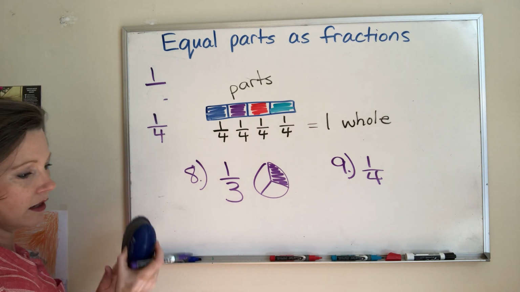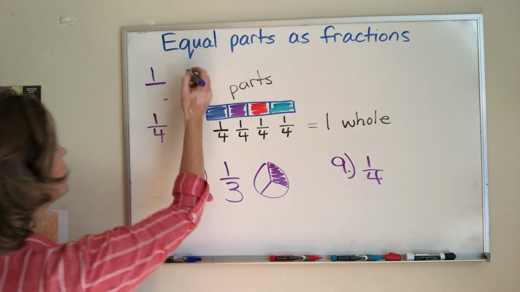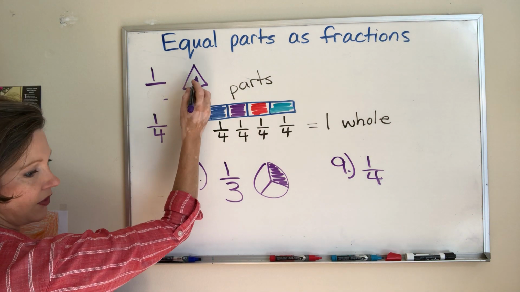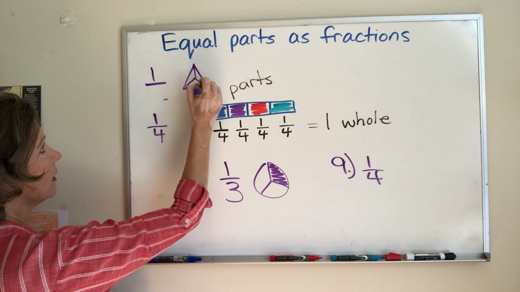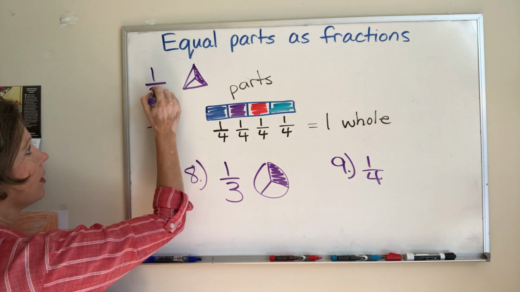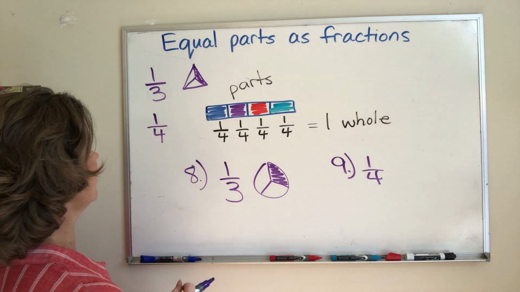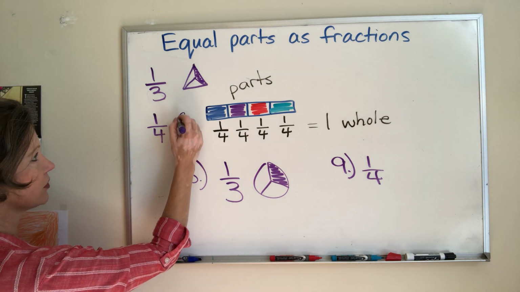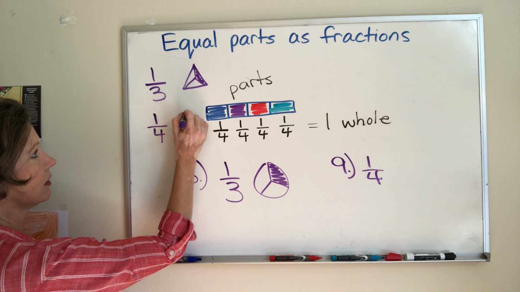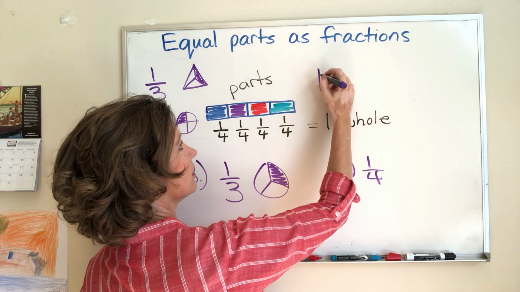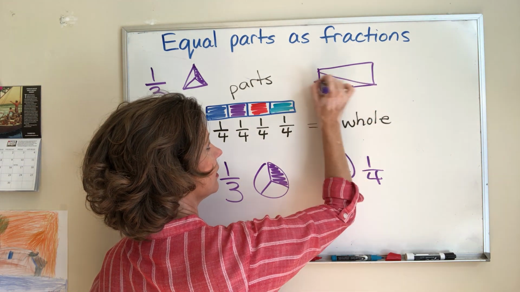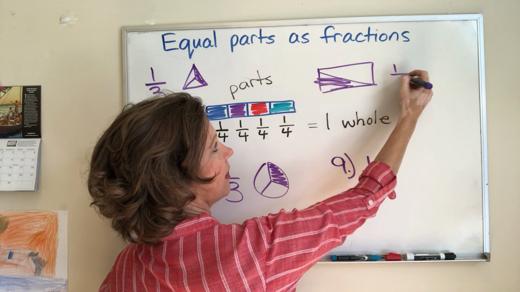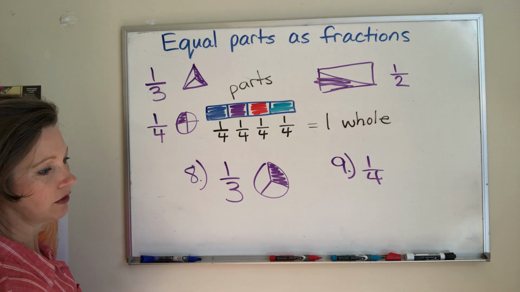The fractional part of the triangle that they did would be 1/3. Mrs. Lecce made an error. See, you caught me. Good job. And then 1/4 for the circle. And then for the big rectangle, you got it. What was it? 1/2. 1/2 is shaded.